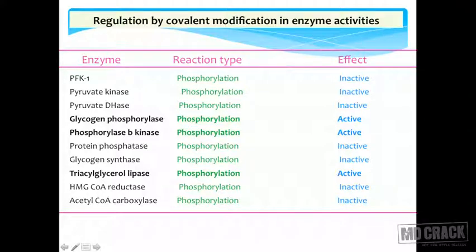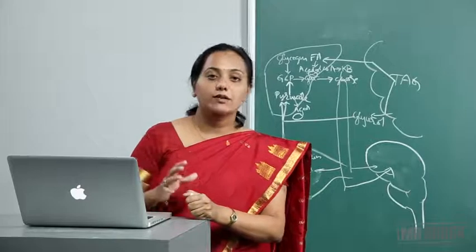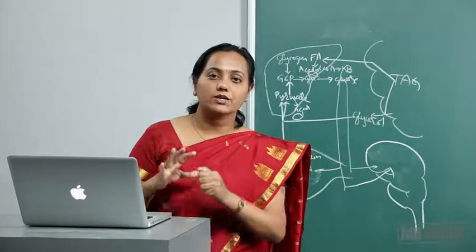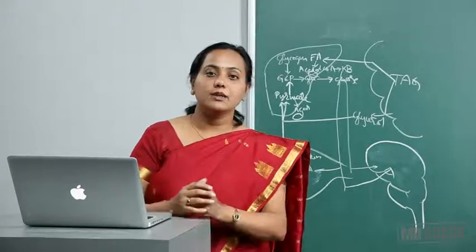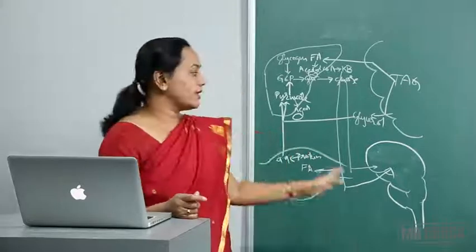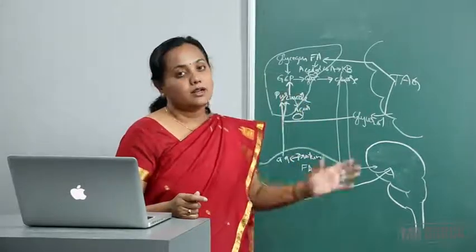This is the take-home message as far as integration of different metabolic pathways is concerned. And this is how by phosphorylation, dephosphorylation, allosteric modification, all this integration is taking place at the cellular level and at the interorgan level.